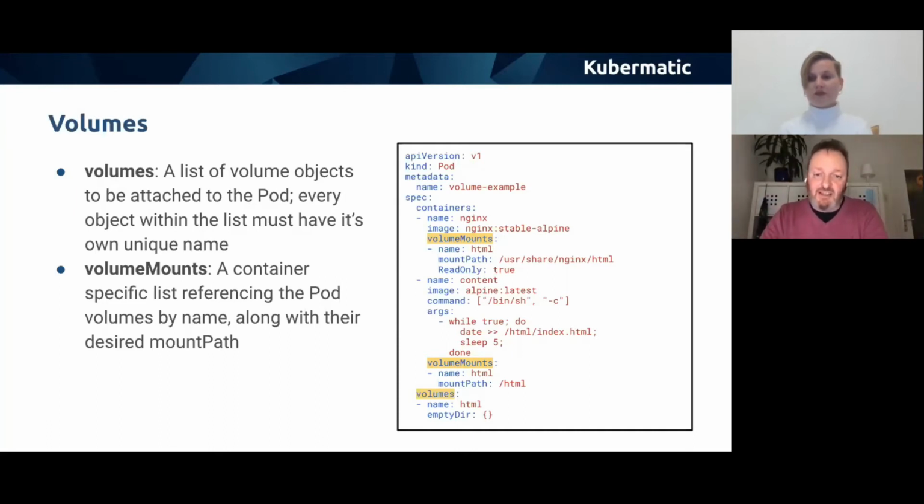One mount is for the nginx container, which is intended for the presentation of the content, and the other one is the content container, which is only running an endless loop. Oh, no, it's writing. In this case, it's only writing the data, creating a kind of semi-dynamic index.html.